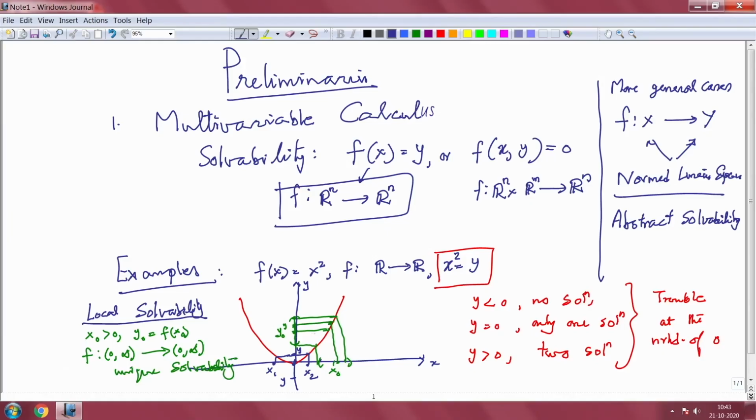That means given an x naught, there is a neighborhood of x naught and there is a neighborhood of y naught, between which you have a one-one bijective mapping. Unique solvability means you are looking for the bijectiveness of that map. So, what is the trouble here?